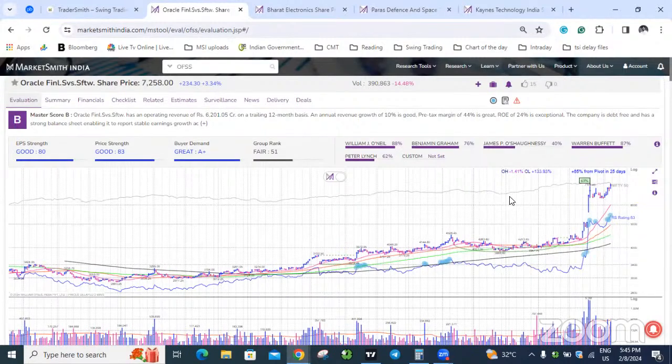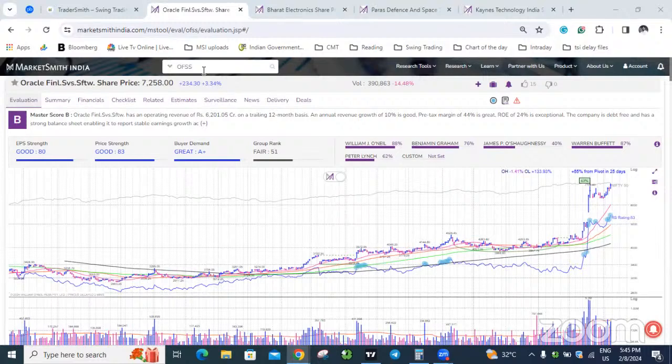The IT index is also looking comparatively attractive, subject to crossing and holding above 39,000. OFSS is in this outperforming space, so if someone is able to manage, one can consider it a bullish trend stock.